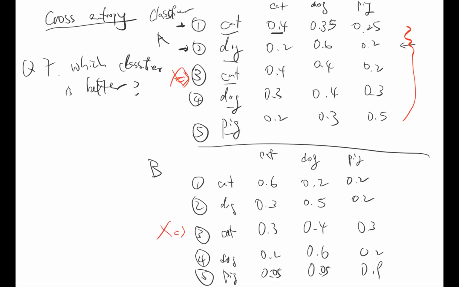For most cases here, it seems like B is better than A, right? But if I look at pure accuracy, then B is probably worse than A, because B here is definitely an error and this is definitely not an error. I can say it can be an error or not an error, right?